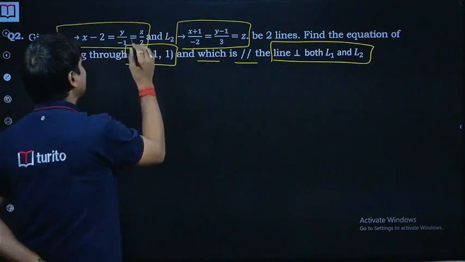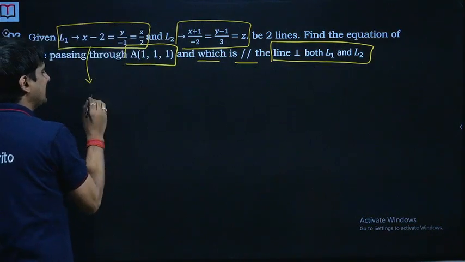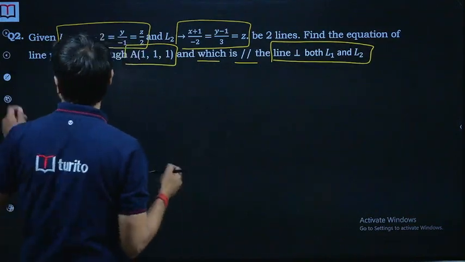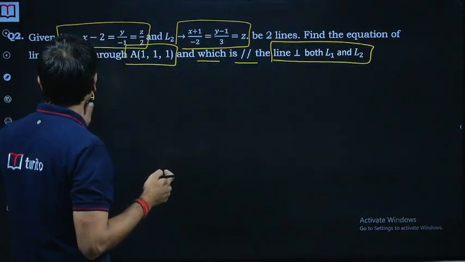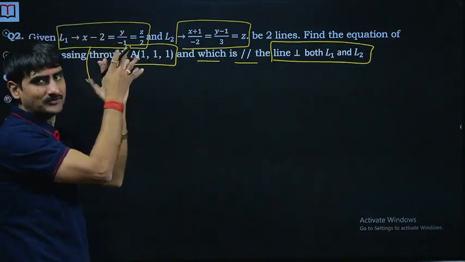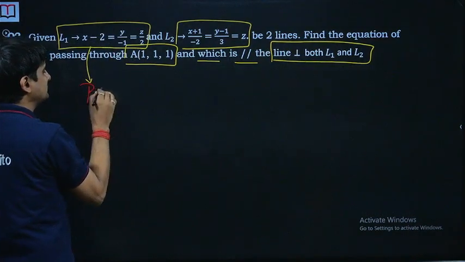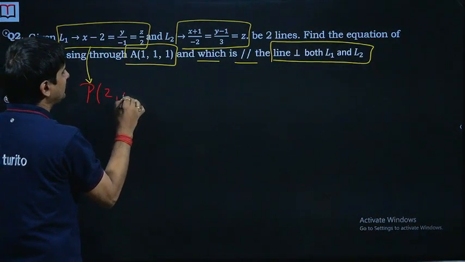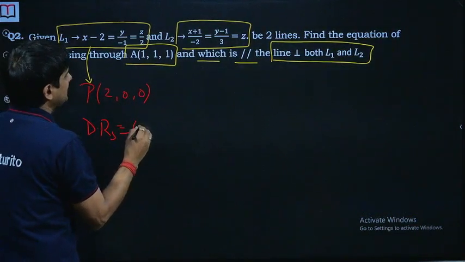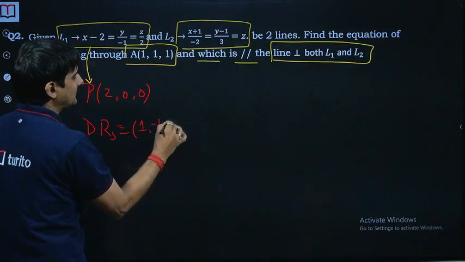So if I say again, given that line, though it's not required here, still I will write here the point and the DRs which we can write with the help of the equation of the line. So it passes through a fixed point which is (2, 0, 0), and DRs of this line are (1, minus 1, 2).